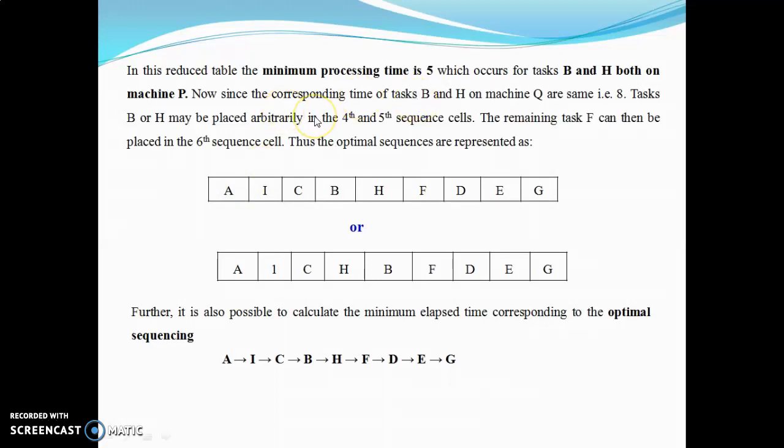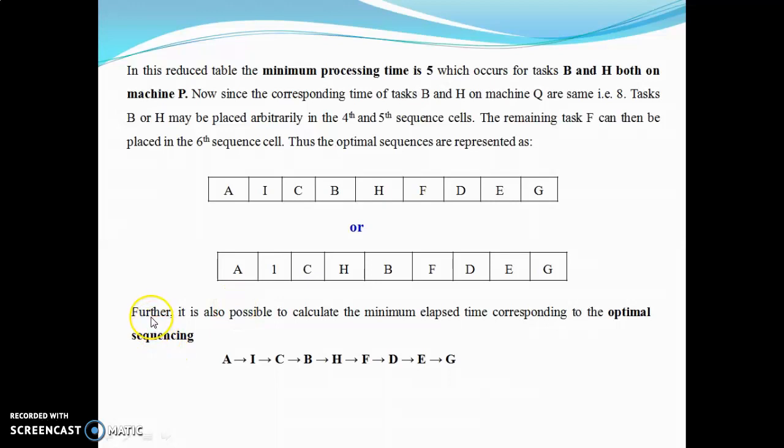So after using Johnson's rule algorithm, we have reduced the sequence as per the algorithm like this: A, I, C, B, H, F, D, E, H. Here by mistake I made a typing mistake; actually this is I. Make it correct.